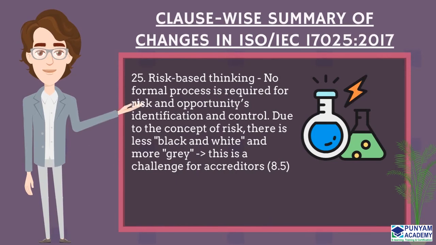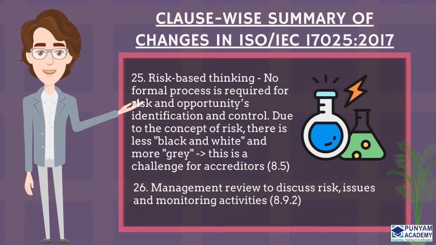Risk-based thinking: no formal process is required for risk and opportunities identification and control. Due to the concept of risk, there is less black and white and more grey. This is a challenge for accreditors in Clause 8.5. 26. Management review to discuss risk, issues and monitoring activities in Clause 8.9.2.